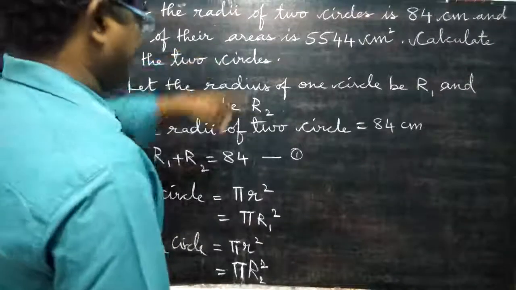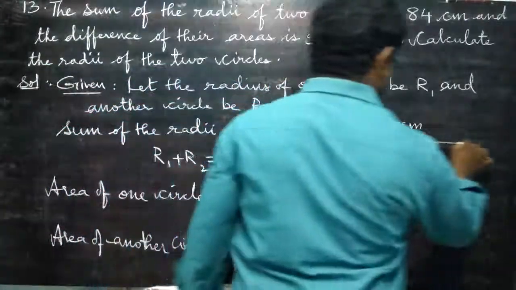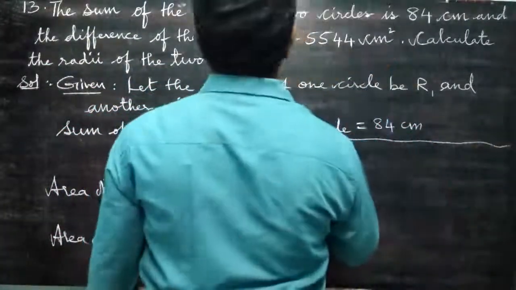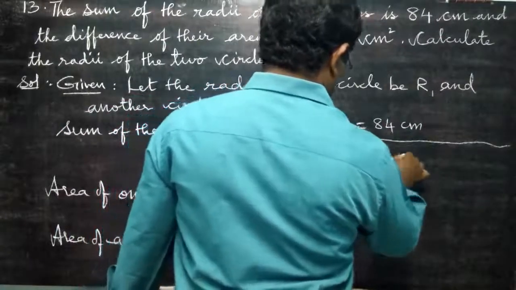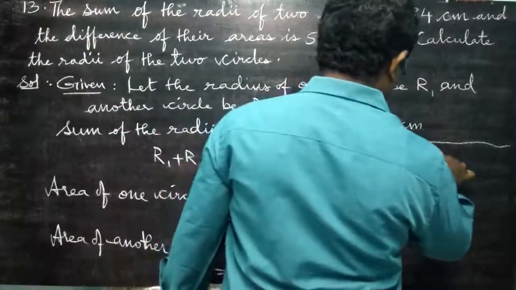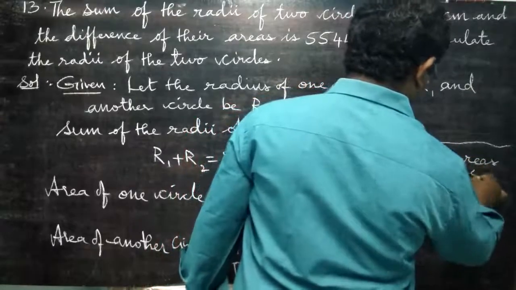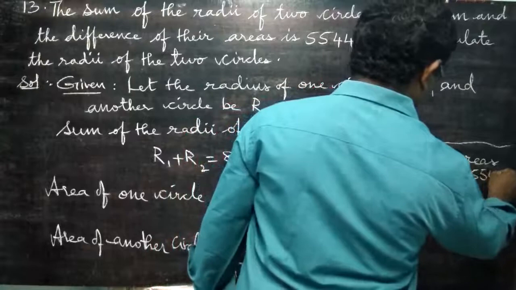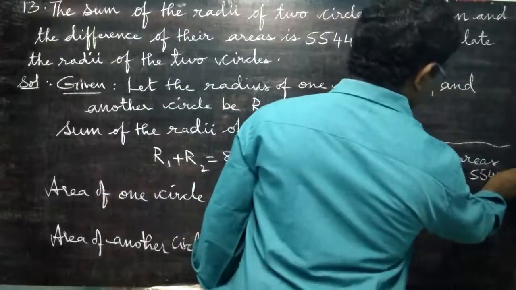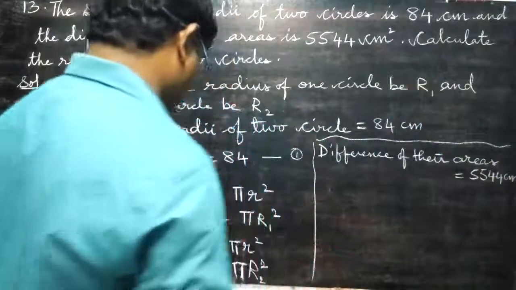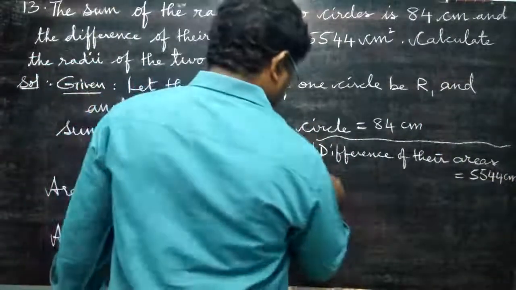Now they are telling difference of their areas. We'll do here. Difference of their areas is equal to 5544 centimeter square. Difference means what? Subtraction.